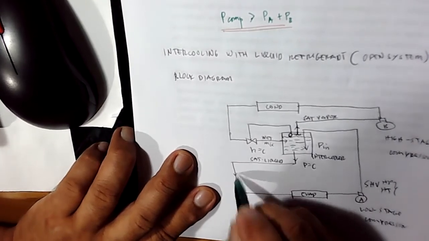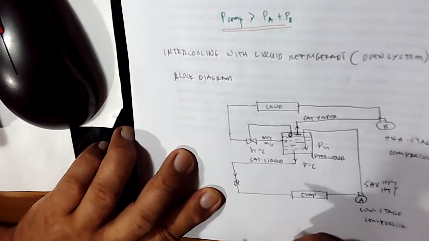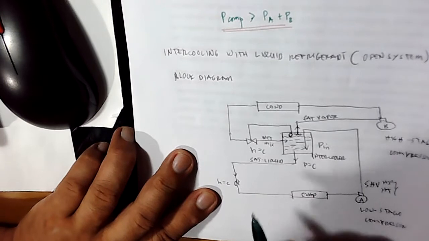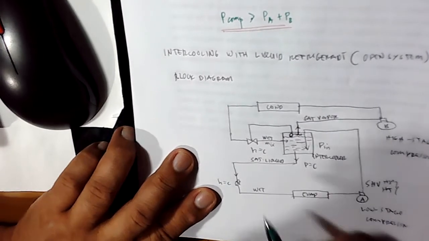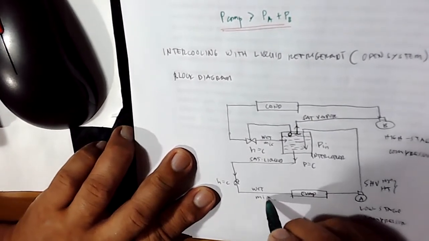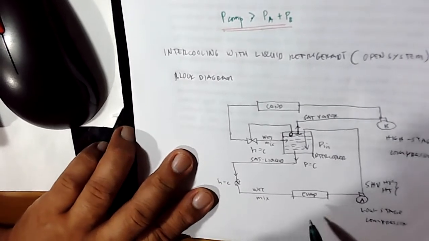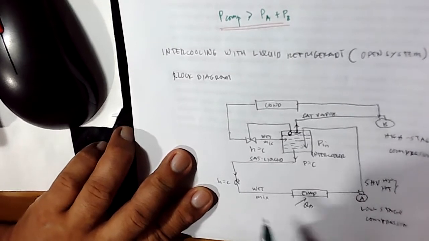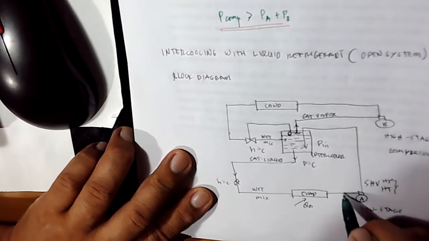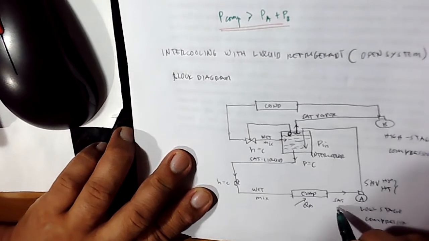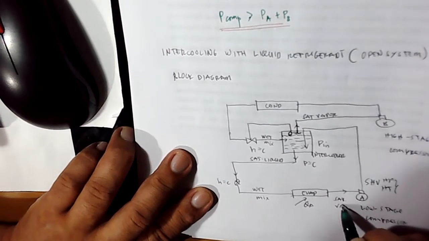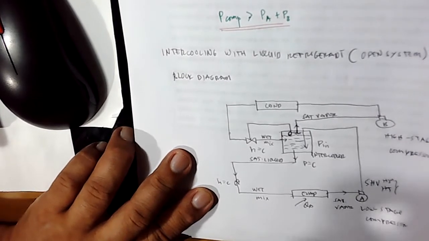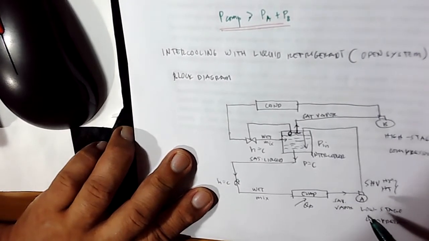And then it will pass again to the expansion valve at constant enthalpy, once again changing into wet mix at evaporator pressure, and you absorb heat here, heat added, so that the wet mix changes into saturated vapor again before it passes to compressor A, or the low stage compressor.